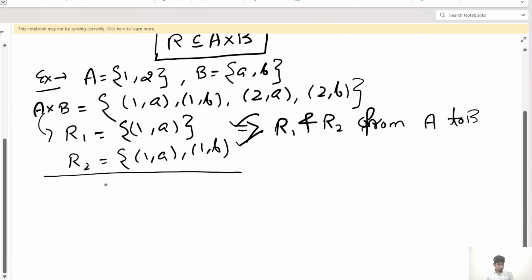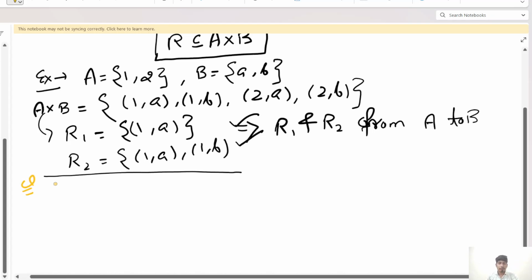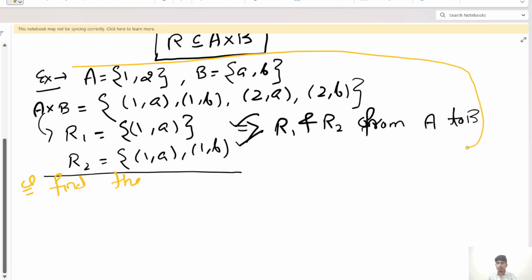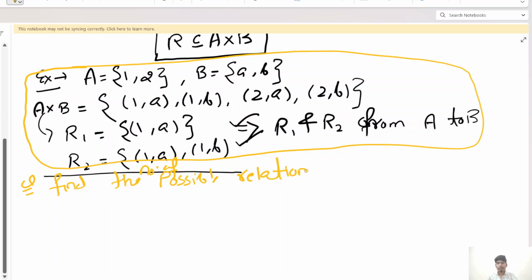Let me do a question. In this question, find the number of possible relations. What is this?